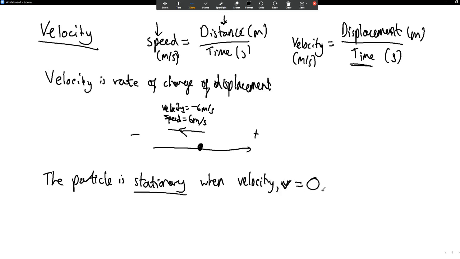If you think about that, when the velocity is 0, it means that the object doesn't have any speed, it's not traveling any displacement, it's not displacing anything. So when the velocity is 0, the object will be stationary or will not be moving. And same when the speed is 0.